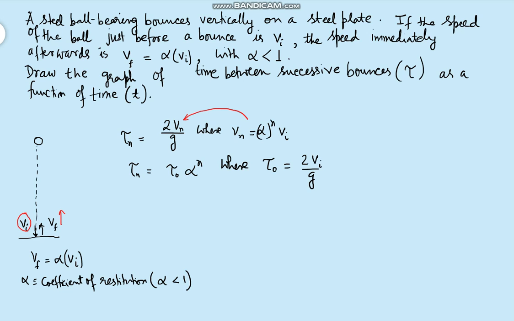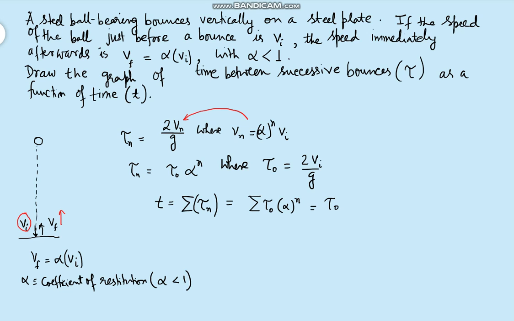Now what they are saying is, what is the total time that elapsed? The total time that elapsed will be the summation of all these tau n, is it not? For n times it strikes and bounces, it will be equal to the summation of all the tau naught into alpha to the power n, where n varies from 1 to n.